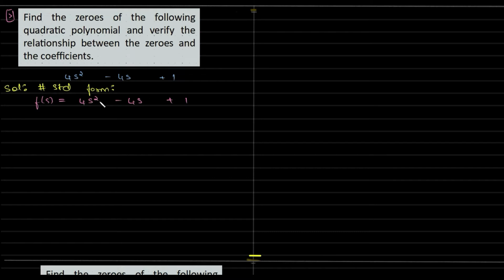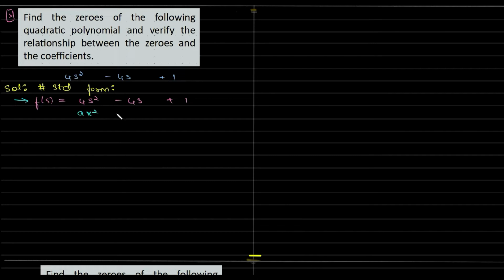It could have been anything, so they have just put s. So please don't get confused, it's just another variable. In place of x they have written s, and to indicate that the function is dependent on the variable s, I have written f of s, not f of x. Okay, small technicalities, but the logic is the same.